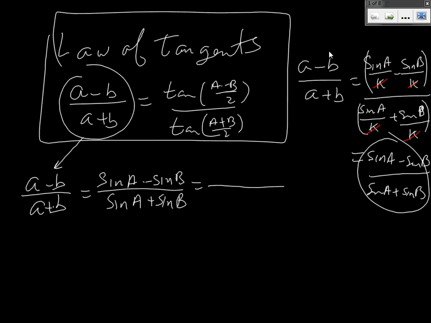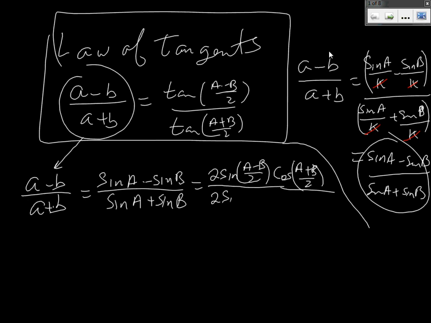The numerator is 2 times the sine of (A minus B) over 2 times the cosine of (A plus B) over 2, divided by the sine of A plus sine of B. And the sine of A plus sine of B is just 2 times the sine of (A plus B) over 2 times the cosine of (A minus B) over 2.